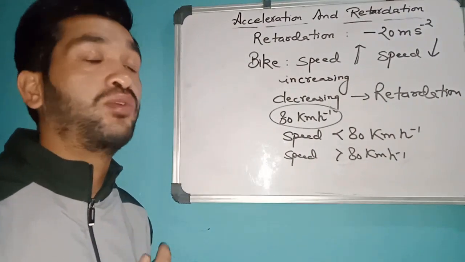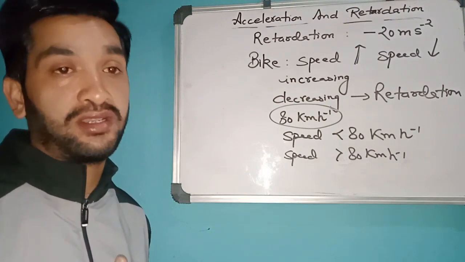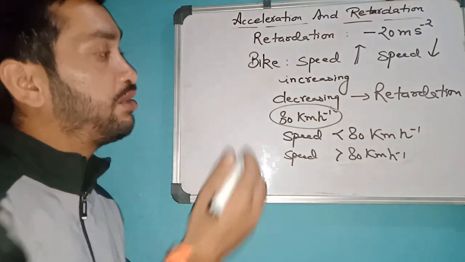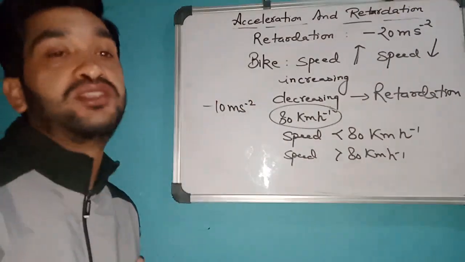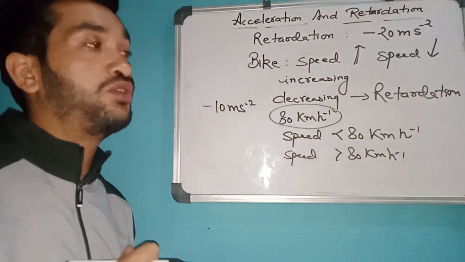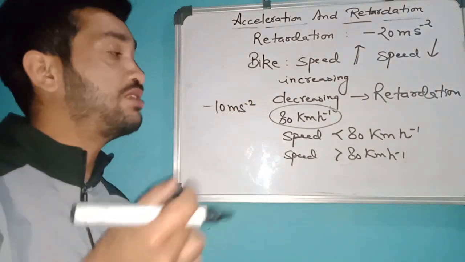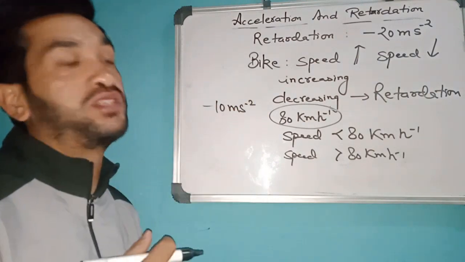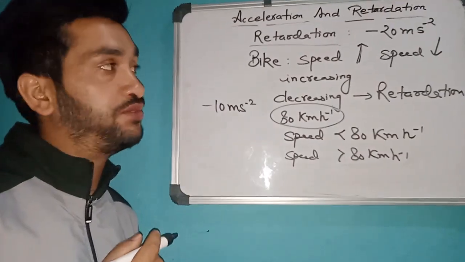If it is written that the body is getting retarded at the rate of 10 meter per second square, in the numerical we will write it as minus 10 meter per second square. Keep this thing in your mind. If retardation is mentioned there and a value is given, 10 meter per second square, then in the numericals we have to use minus 10 meter per second square, because it is clearly mentioning that it's a case of retardation.